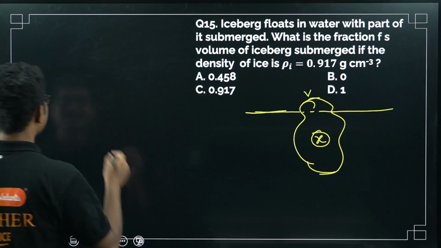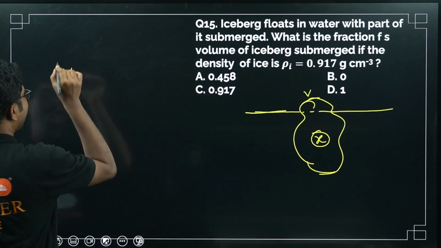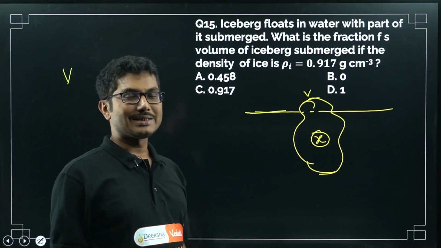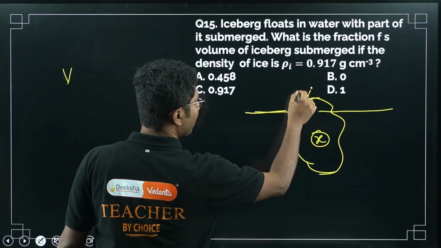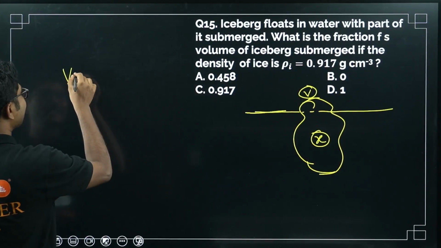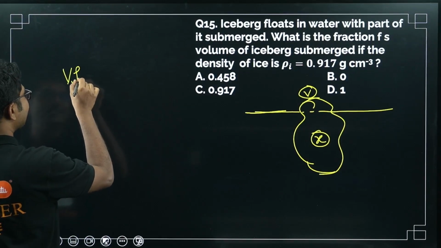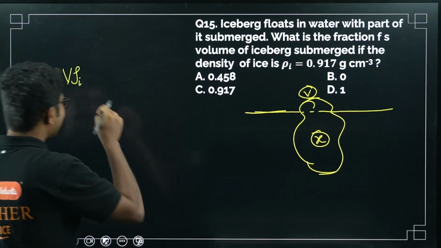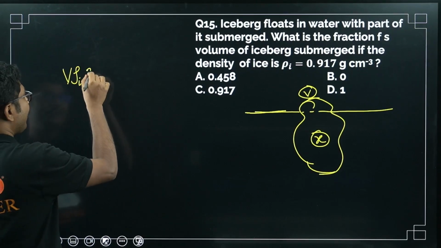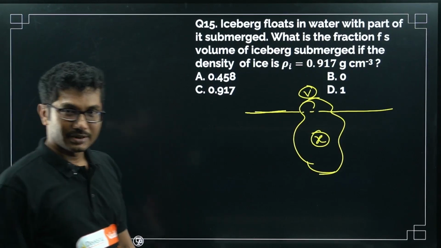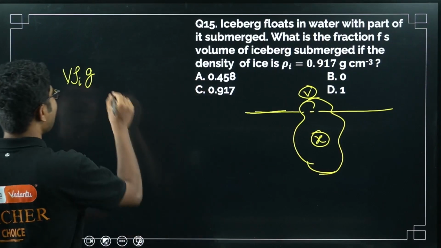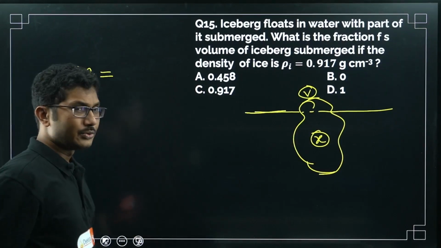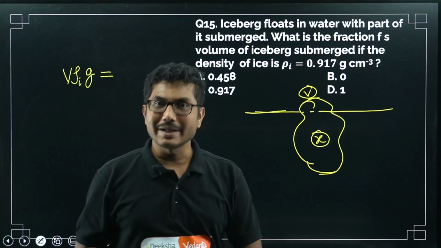It says that the weight of the ice, which is its volume times its density, that is mg, so this is the weight of the entire iceberg, should be equal to the weight of the displaced liquid.